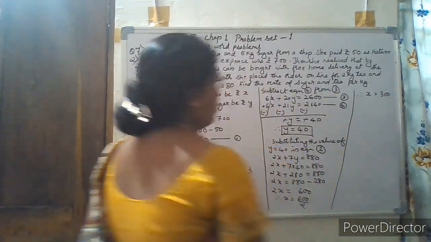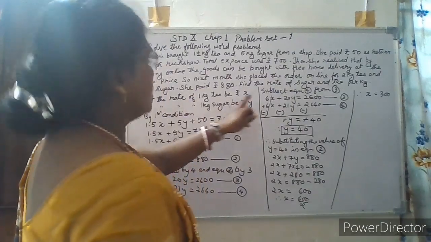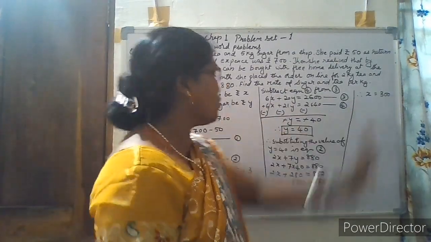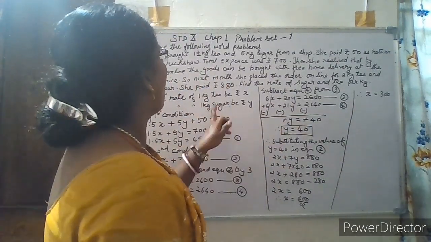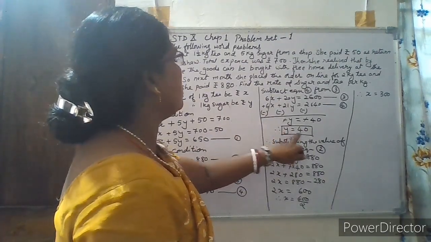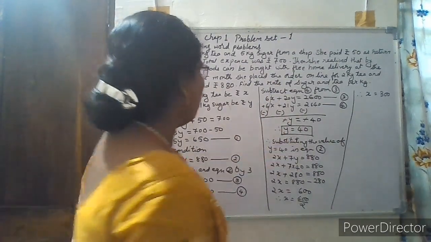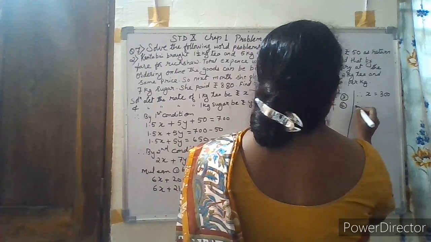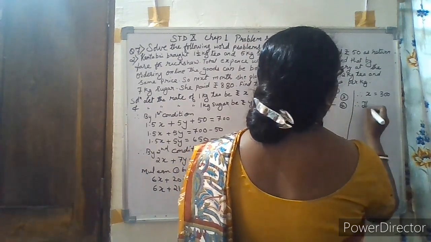Therefore, we got the cost of 1 kg tea is rupees 300 and cost of 1 kg sugar is 40 rupees. So, you can write the concluding answer.